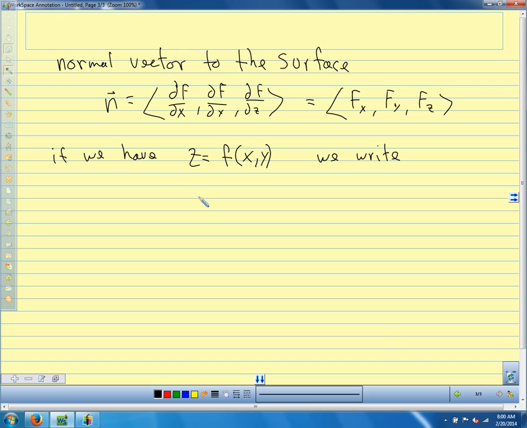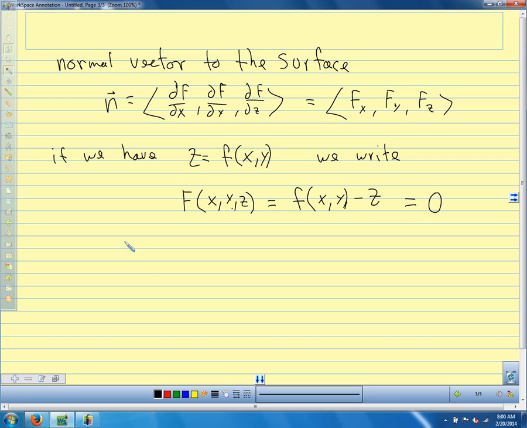We write f of xyz as f of xy minus z, and that's going to equal 0. So f of xyz equals a constant, equals 0.